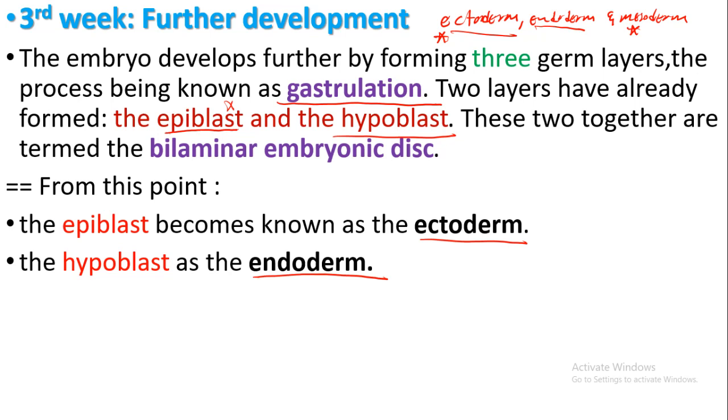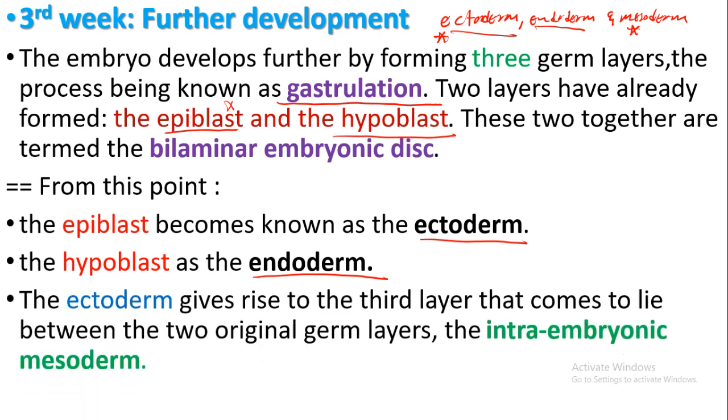Most of the muscles of the GIT and also that of the respiratory tract normally come from the endoderm. Like I already said, the cells of the ectoderm will start to divide. And when these cells of the ectoderm divide, they are going to increase in number.